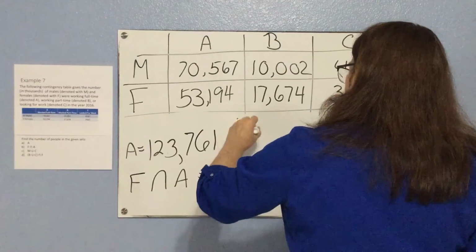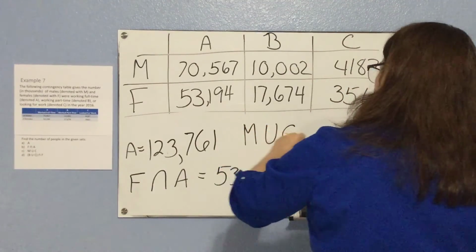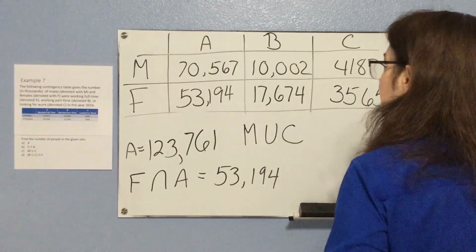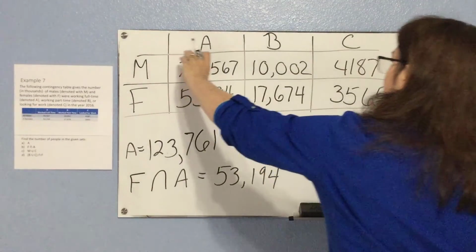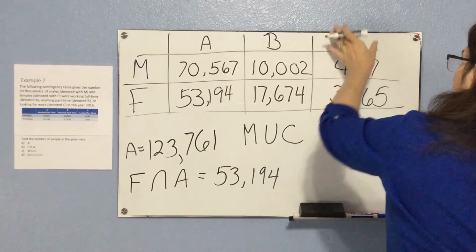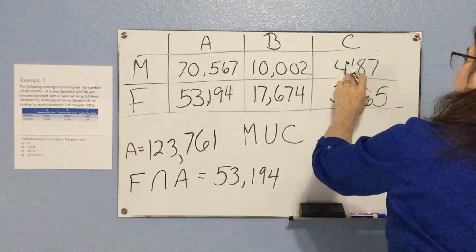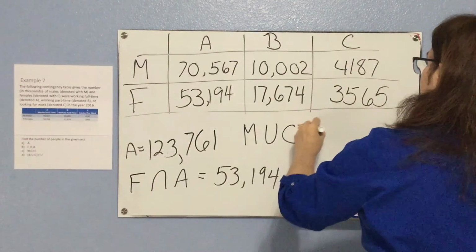How about M union C? For a union, I would have to do all of these and both of these, but I want to make sure that I don't count that twice.